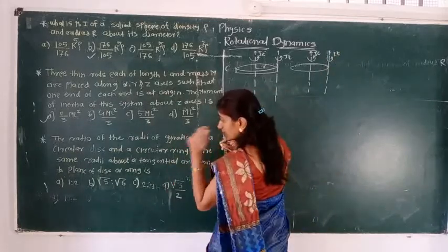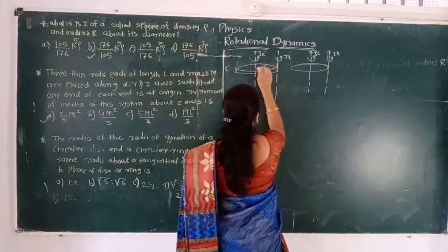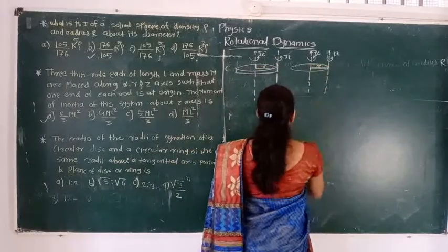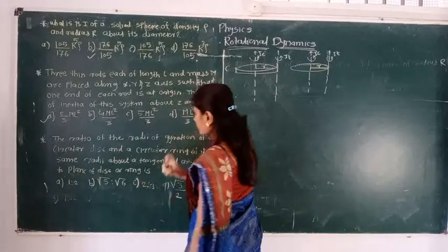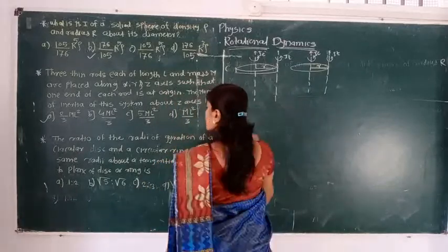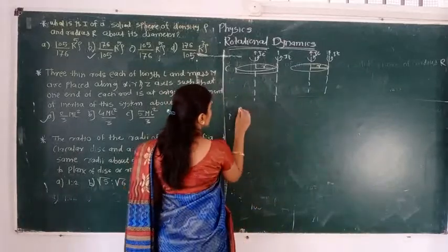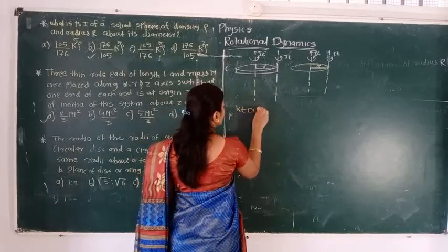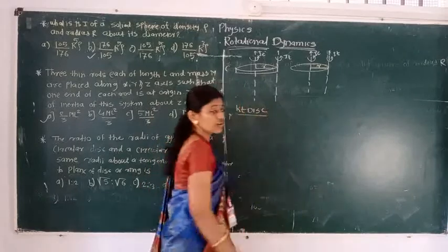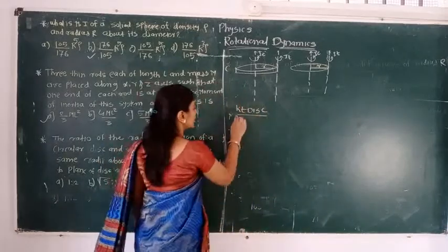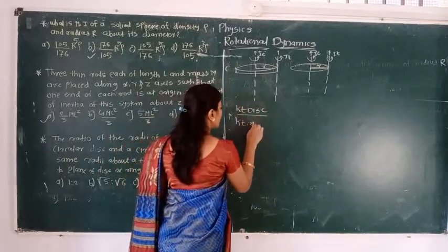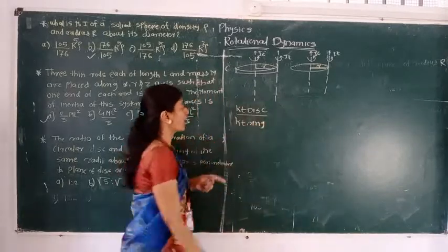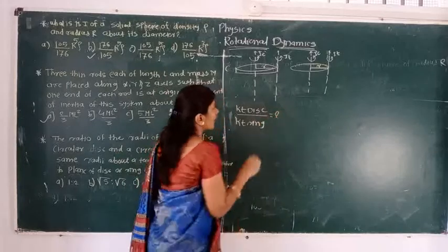They told us both have the same radii, so here also R and here also R. Now we have to find the ratio of the radius of gyration of a circular disc, that means the radius of gyration of a disc to the radius of gyration of a ring. That one single ratio we have to find out.